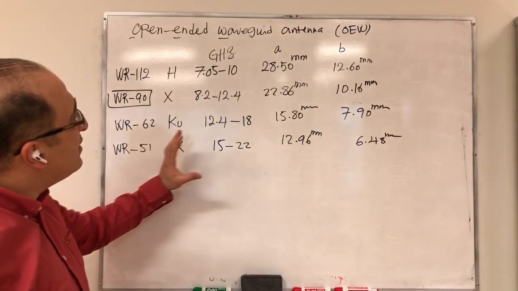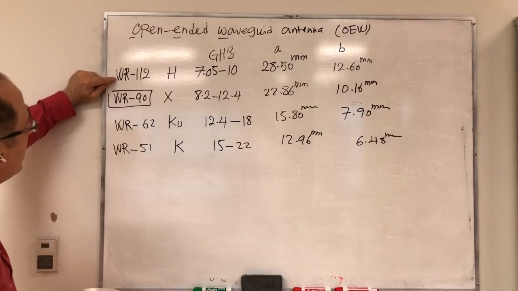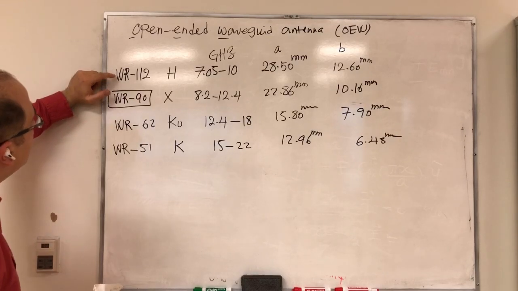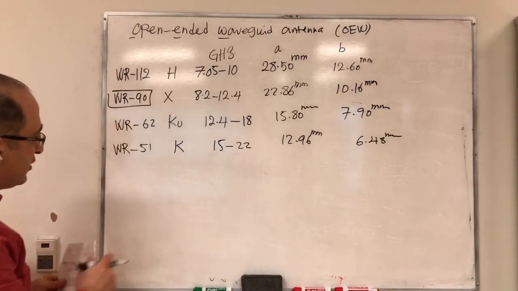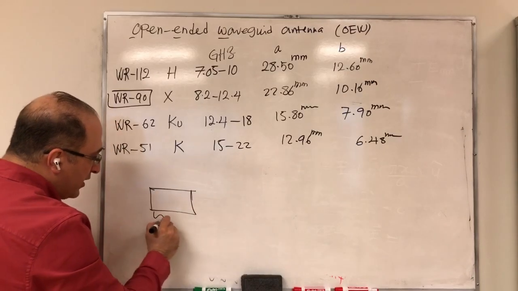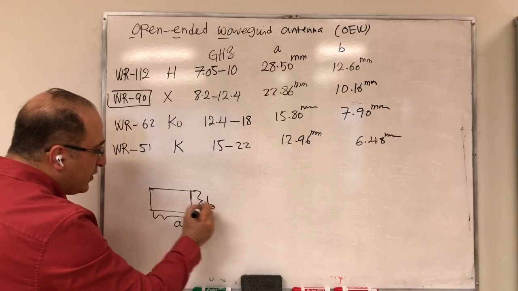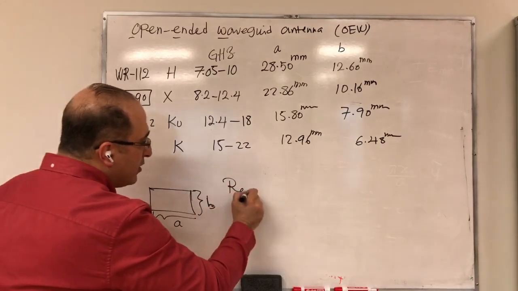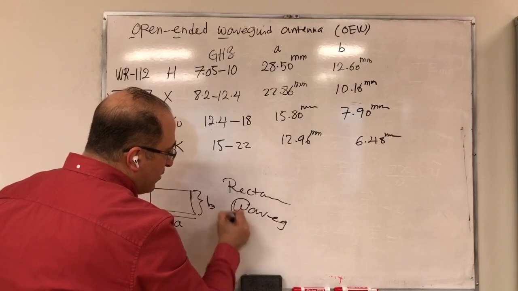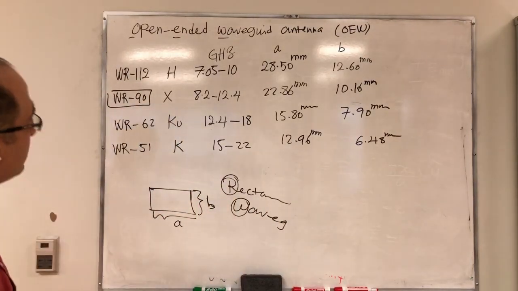So let me tell you a couple of things here. First, the name WR. One reason that this WR could be attributed to is that we're considering rectangular waveguide with the larger dimension A. This is B. So this is a rectangular waveguide. So WR for rectangular waveguide.